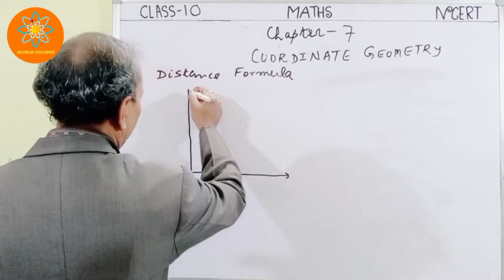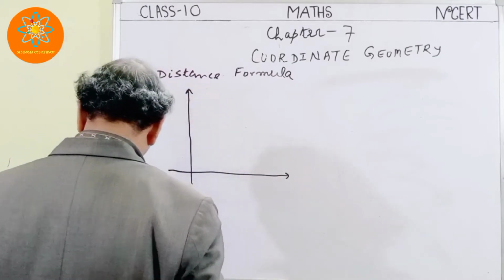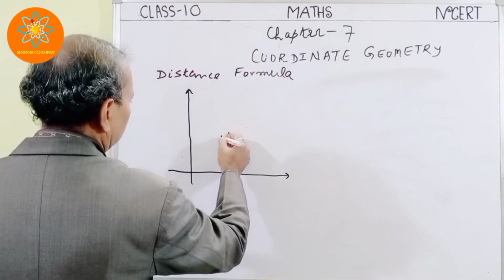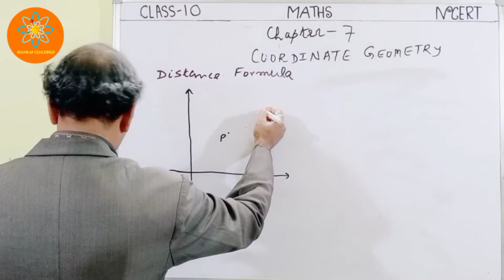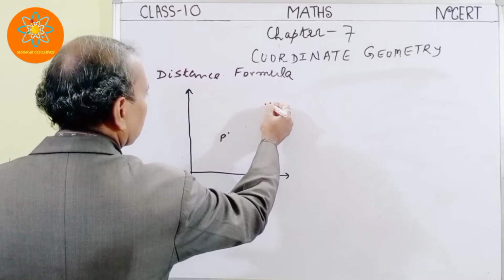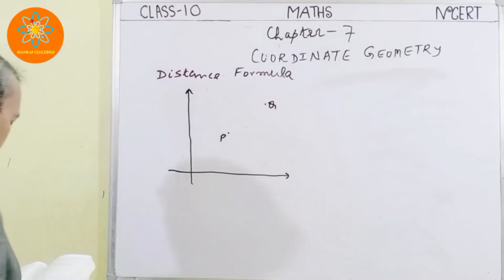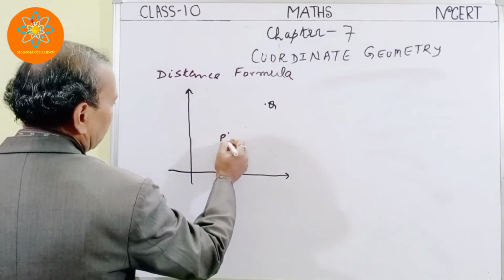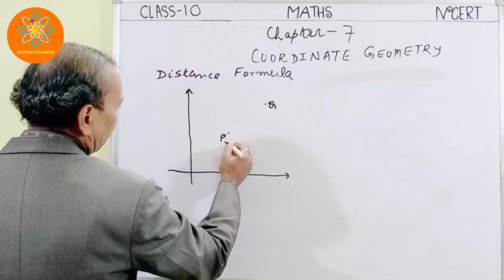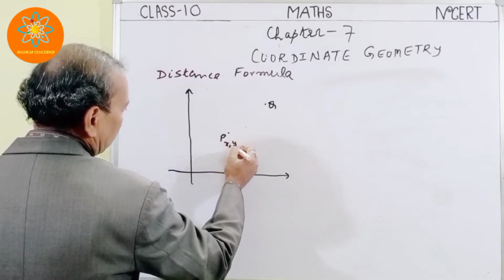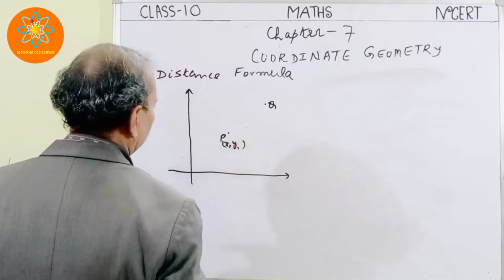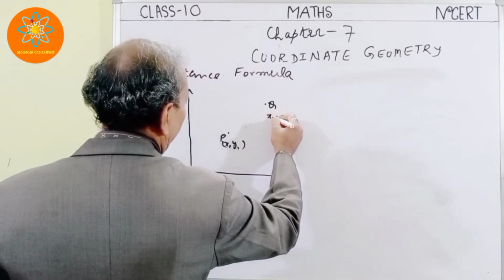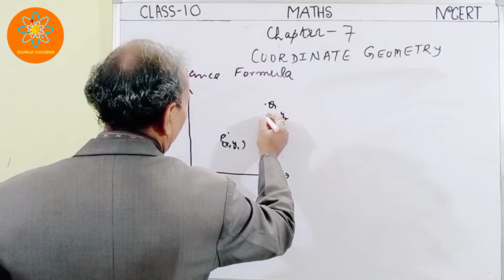We have two points, one is P and another is Q. Let's suppose P is (x1, y1) and Q is (x2, y2).